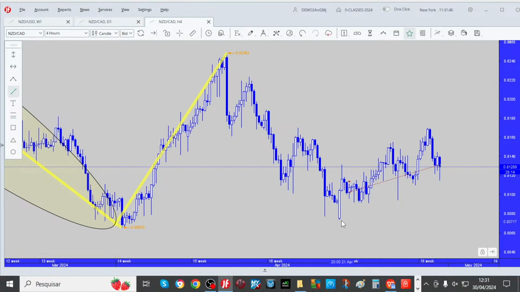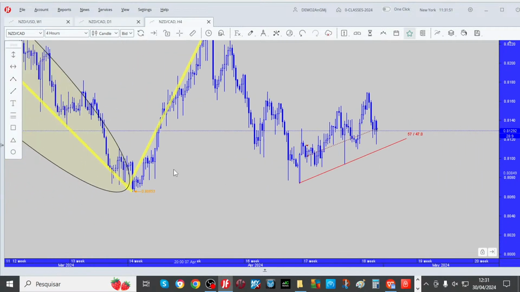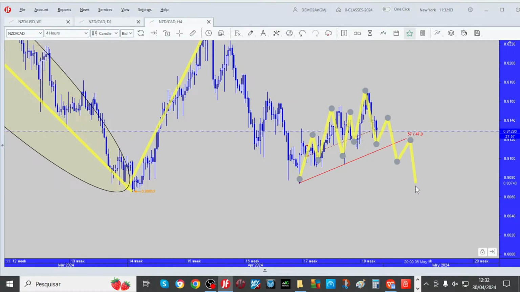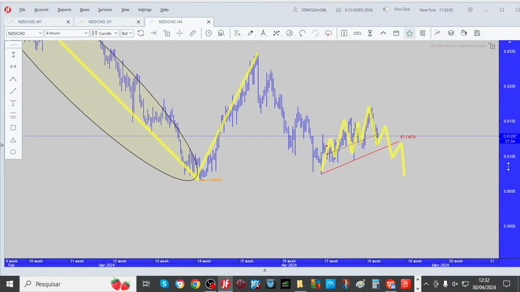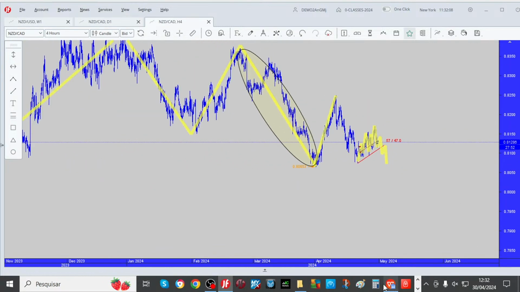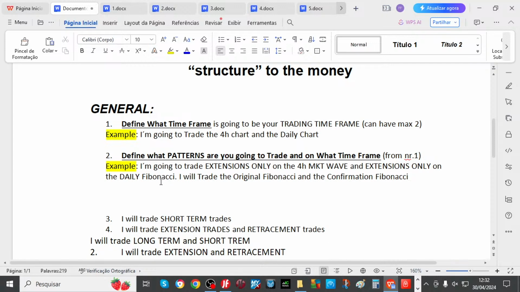And now, if the market breaks the counter trend line, right? So we are monitoring the short-term trend, and if this happens, then I can short the market on the 4-hour chart based on my strategy. I'm going to trade extensions only on the 4-hour market wave and extensions only on the daily Fibonacci.